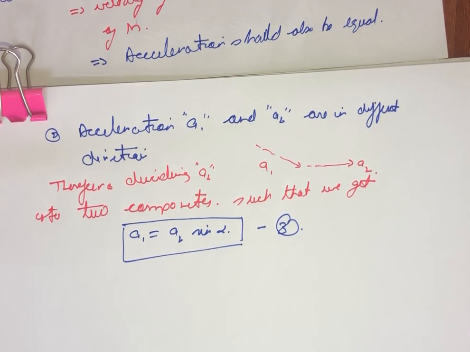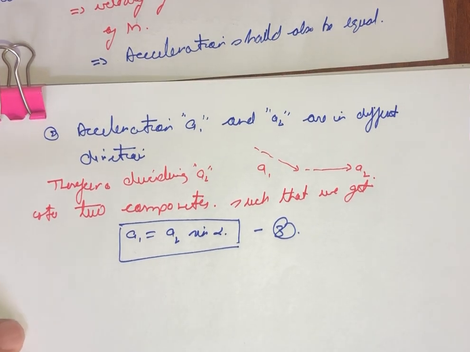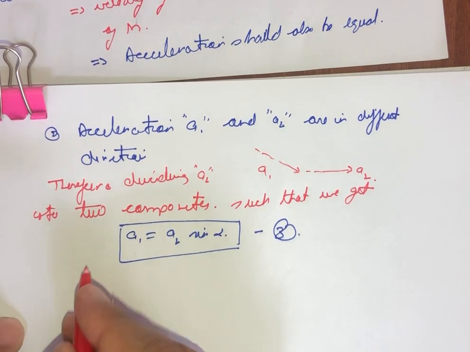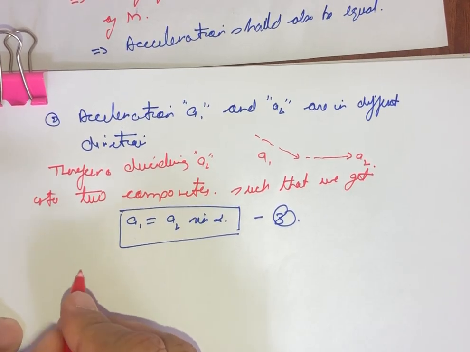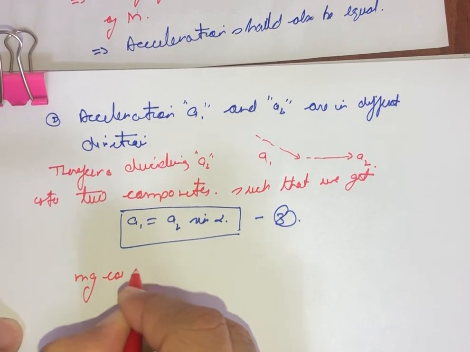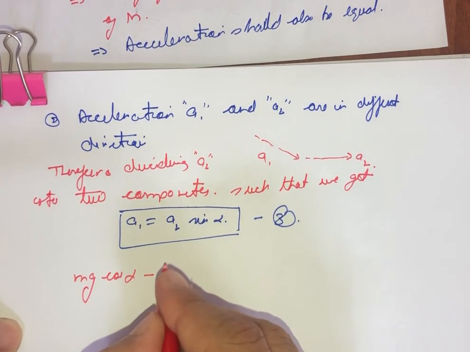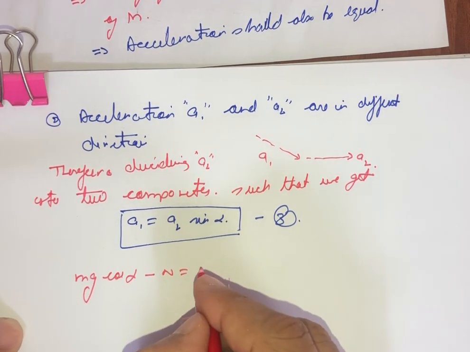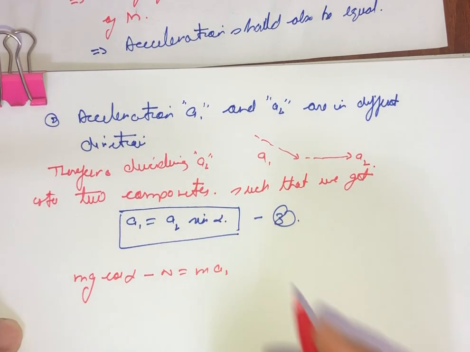Now, using these three equations, we are going to find out the acceleration of the wedge as well as the rod. So we have three equations. Let us write them one by one again here. First is mg cos of alpha minus N is equal to m A1.